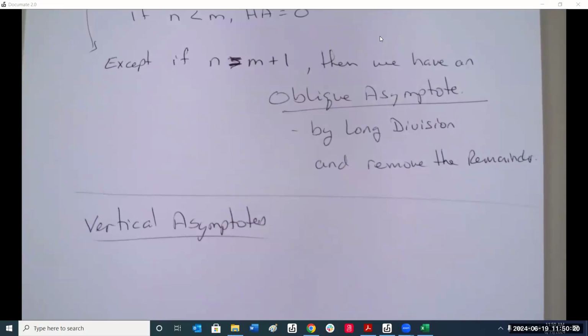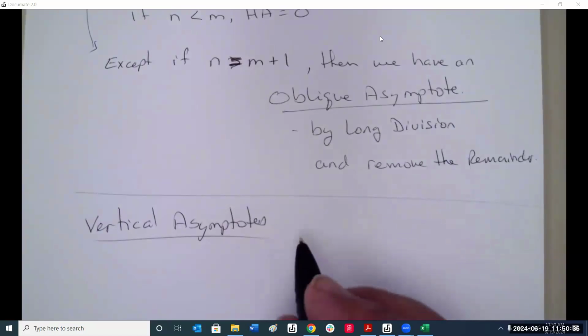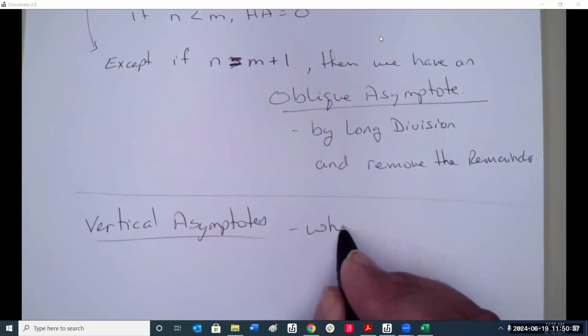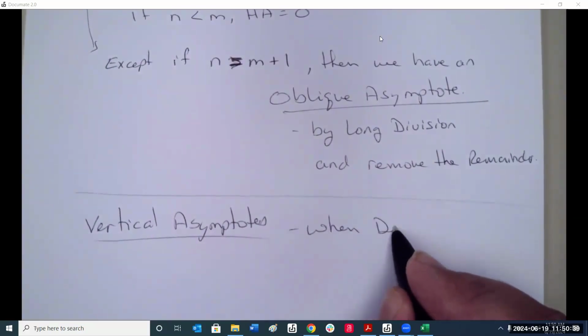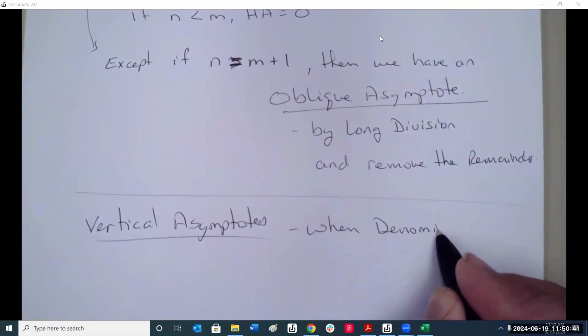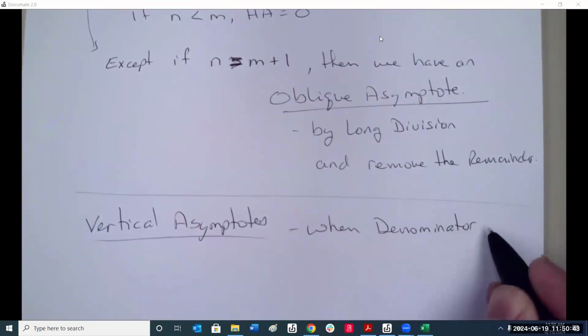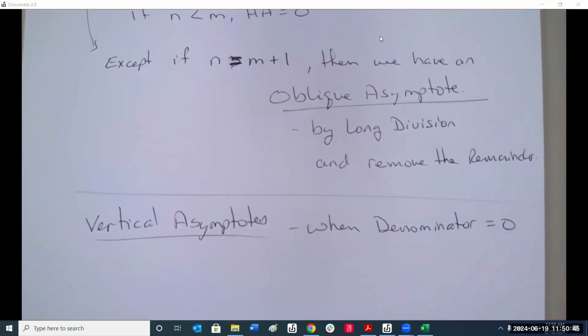What value of the x-axis? You only have vertical asymptotes when you have rational functions. Wherever the denominator equals 0, those are your vertical asymptotes.